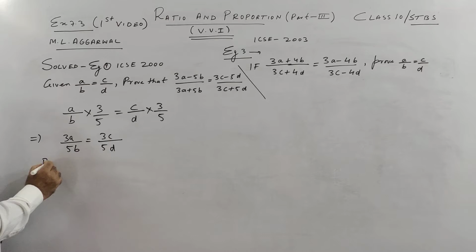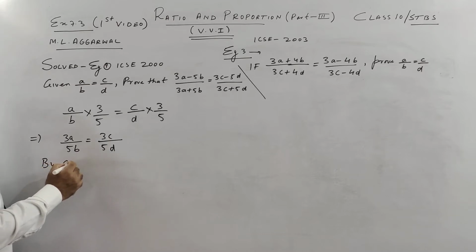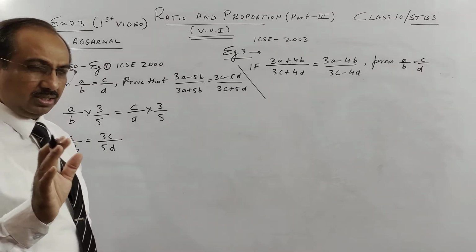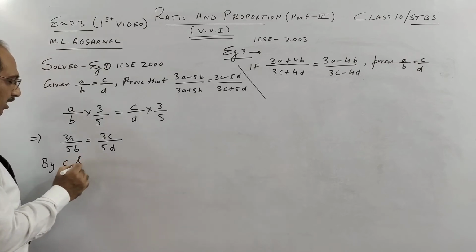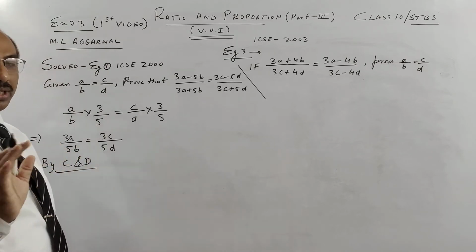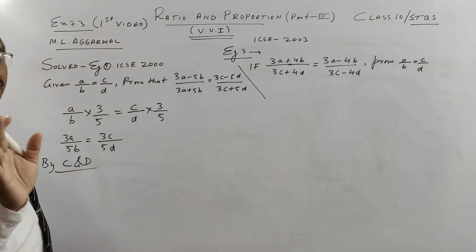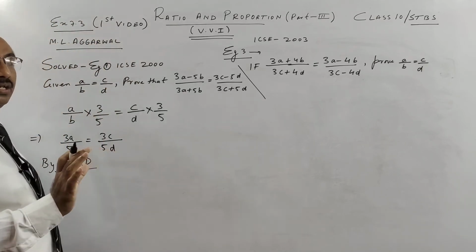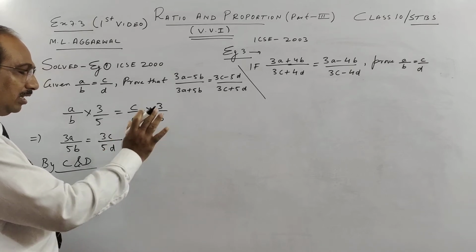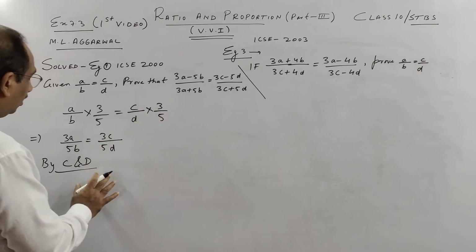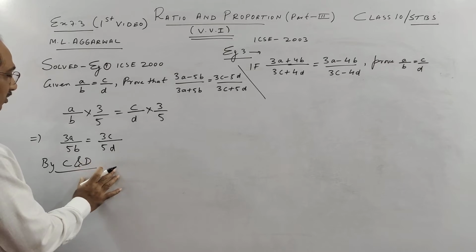Now by C and D, in short, by componendo and dividendo. I'll write C and D just to save time and space, but you don't write it in short; you write componendo and dividendo. I have less time and space over here.